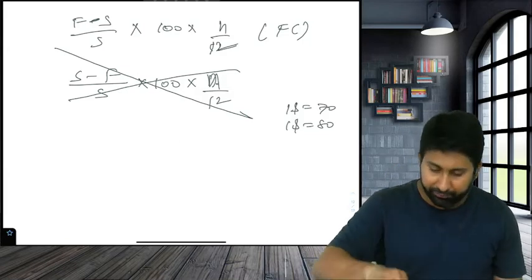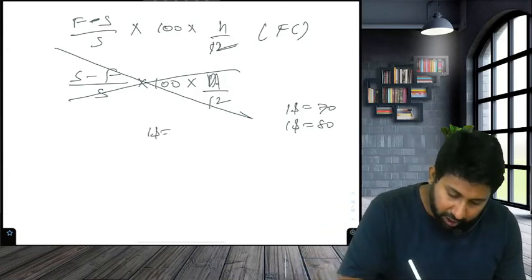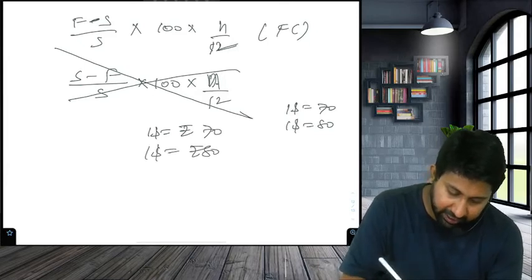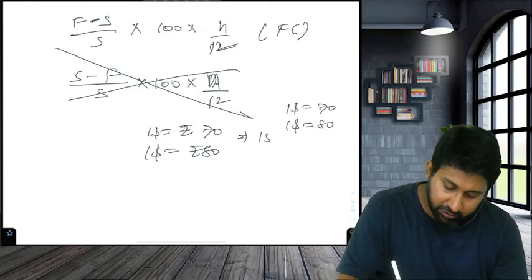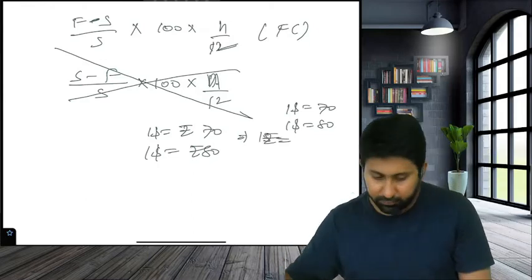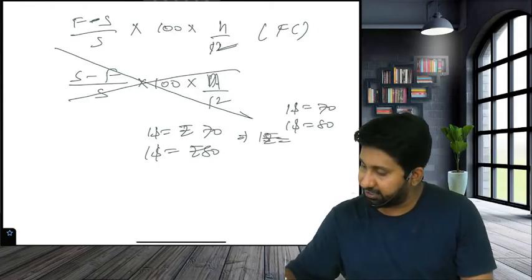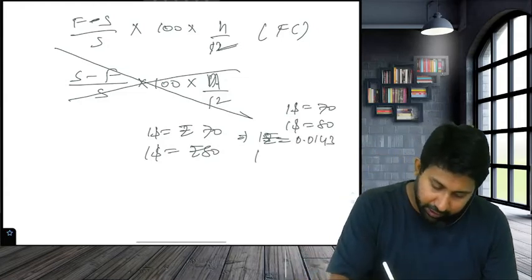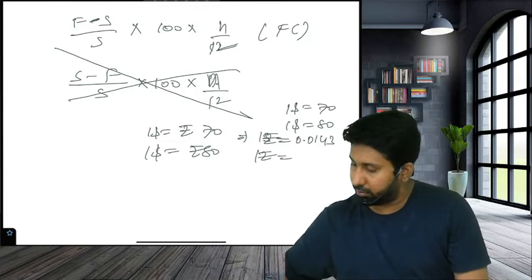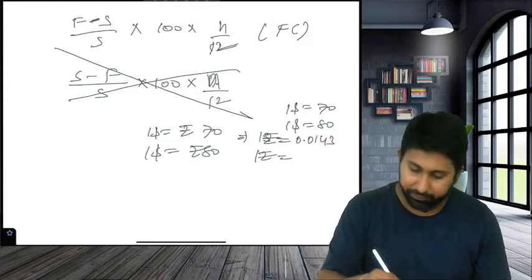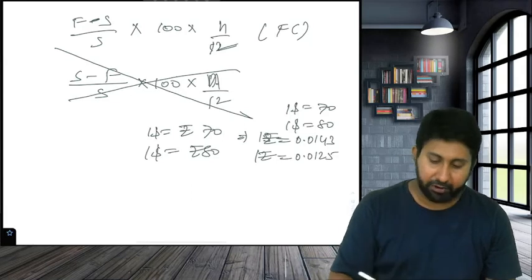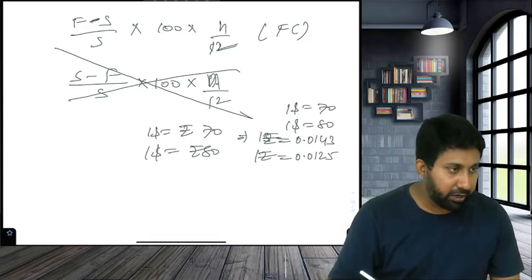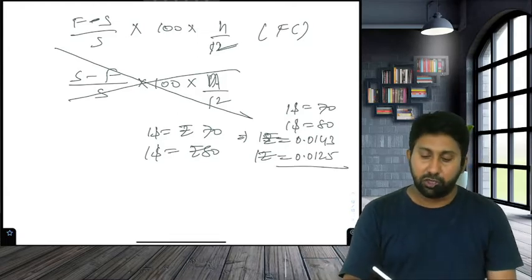For example, $1 equals rupees 70, and $1 equals rupees 80. Now 1 rupee equals 1 divided by 70, which is 0.0143. Next, 1 rupee equals 1 divided by 80, which is 0.0125. Now answer my question clearly: what is the rupee here? 0.0125.